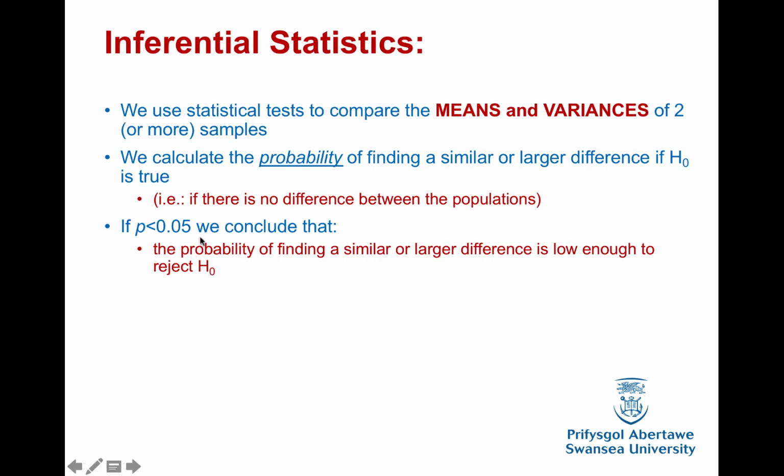So we're confident that it's so unlikely that the difference that we have observed would be that large if there was actually no difference, that we can conclude that there probably is a difference between the 2 populations. In other words, we say if p is lower than 0.05, that there is a significant difference between our 2 samples or our 2 populations.